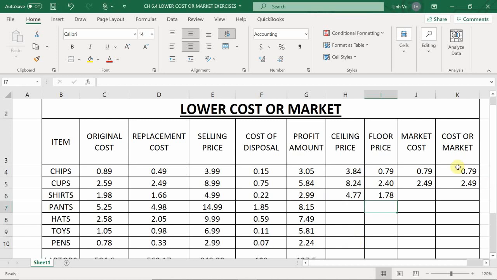So then, which value is going to be my market? Okay, if we have a ceiling of 4.77, a floor of 1.78, and a replacement of 1.66, which one's going to be my market?